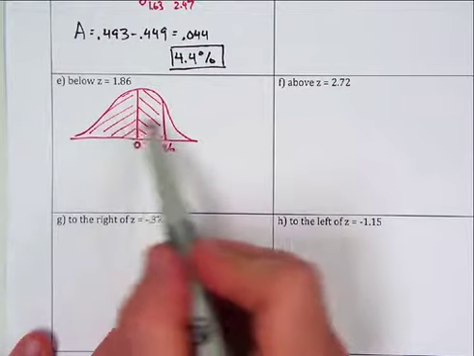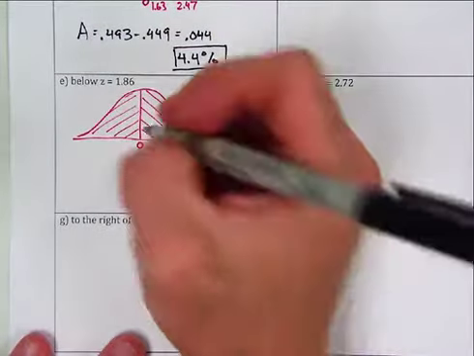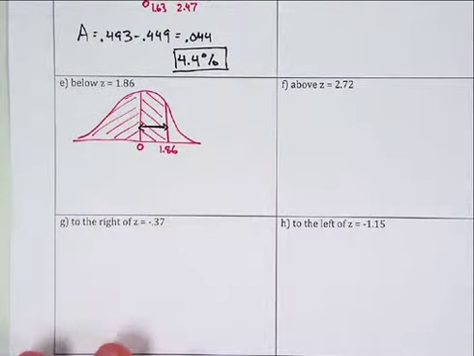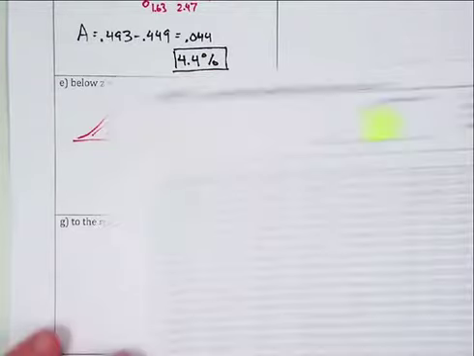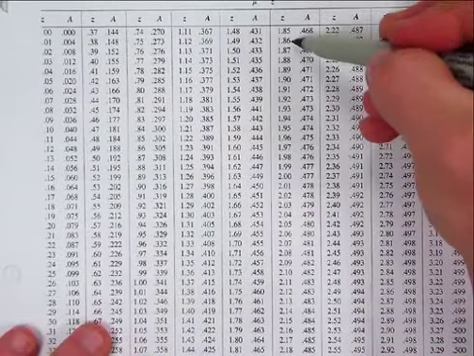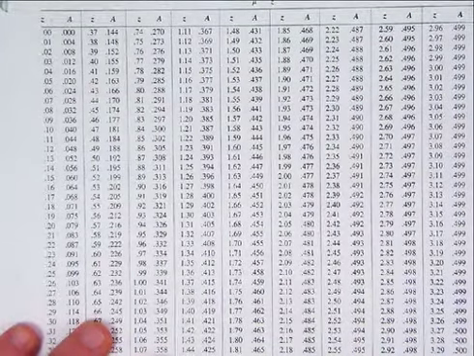Usually when there's two sections on either side of the mean, I shade it like that. Now we look up our area for the one z-score that we have. So 1.86. Actually up here. It's an area of 0.469.